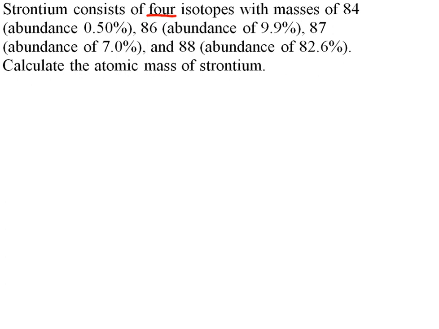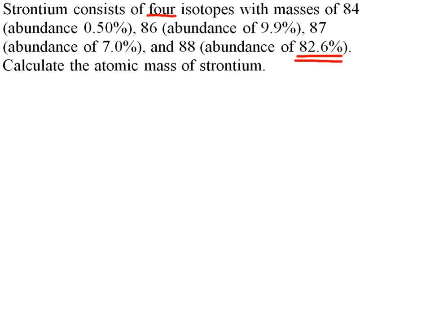Now, one way you can judge, and it's not 100% accurate all the time, but it's a good way to feel your way through a problem: a majority of the isotopes in nature are strontium-88, 82.6% of it, which means you're probably going to have an average near 88. Maybe a little less, maybe a little more, especially when one has such a large abundance compared to the others, which don't even reach 10%.